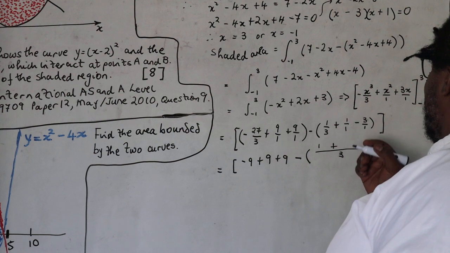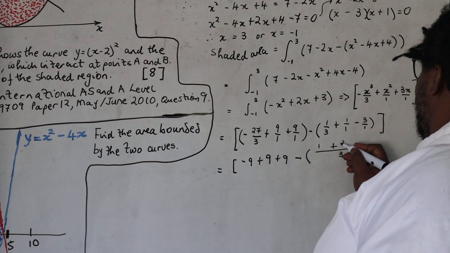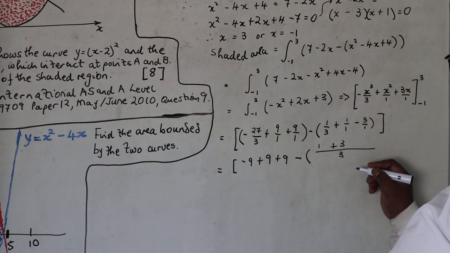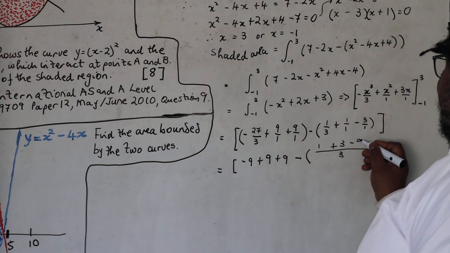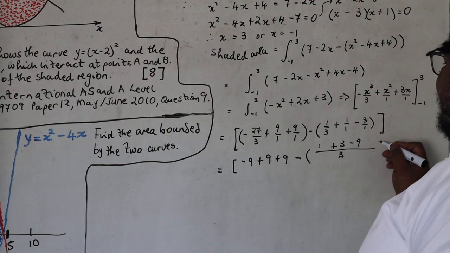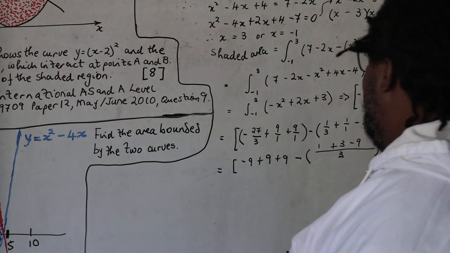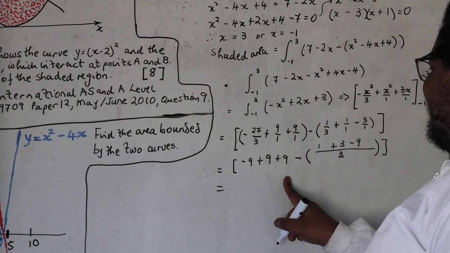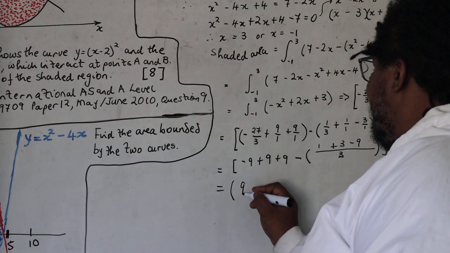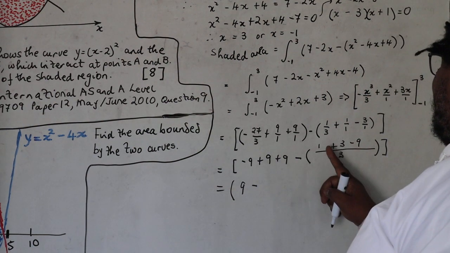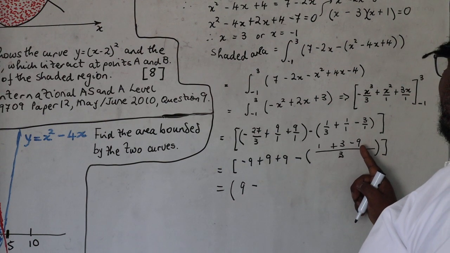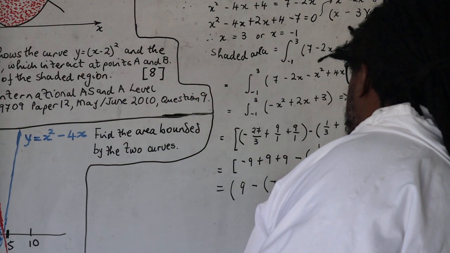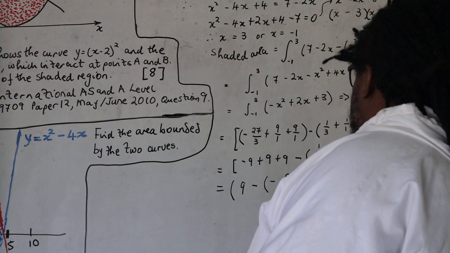Plus 1 into 3 is 3 times 1 is 3. 1 into 3 is 3 times minus 3 minus 9. This is equals to minus 9 plus 9, 0, plus 9 gives us 9, minus 1 plus 3 is 4, minus 9 gives us minus 5. So we can put another bracket there, and we say this is minus 5 over 3.